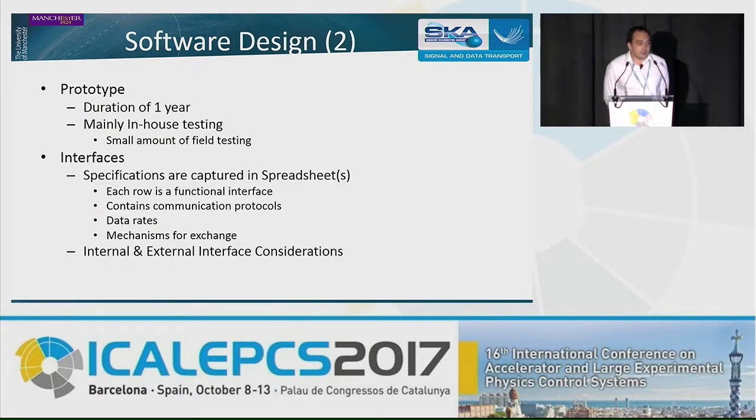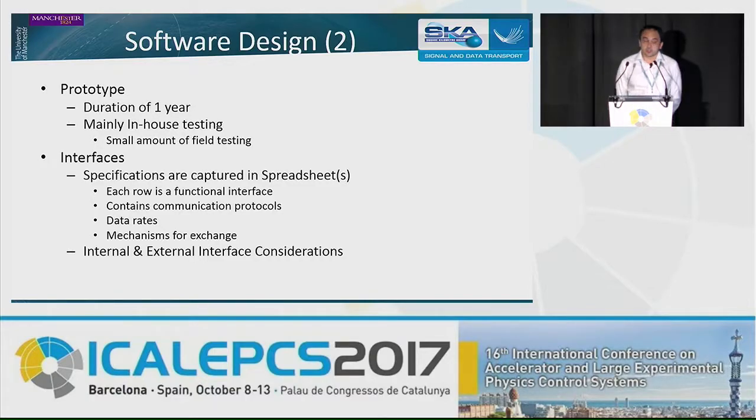So a bit more about the activities we've been going through over the past few years. Last year we spent the best part of it working on prototyping work. So this involved various different case studies, creation of code snippets to prove concepts. This work was mainly done in-house in our various different institutes.